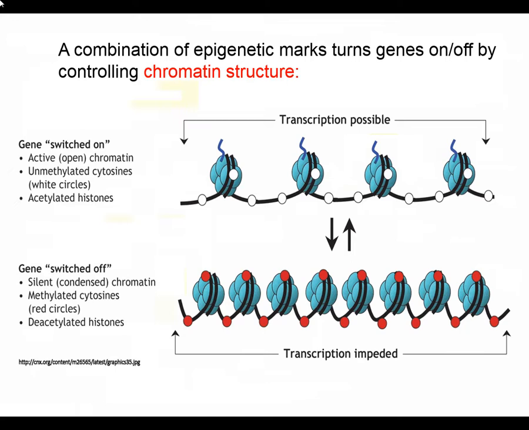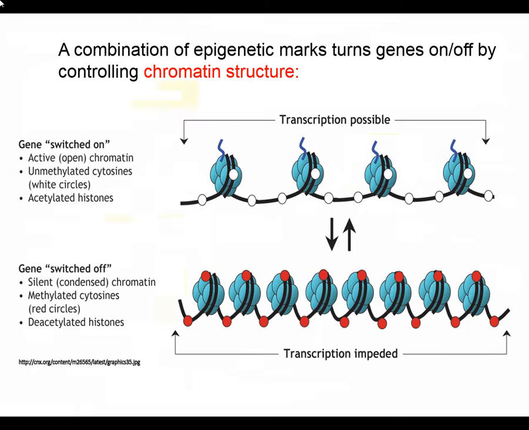That's this little blue squiggly line. So attachment of an acetyl group sort of opens up the chromatin, and there's no methylation on the cytosines. So this circle means nothing, no methylation on the DNA.